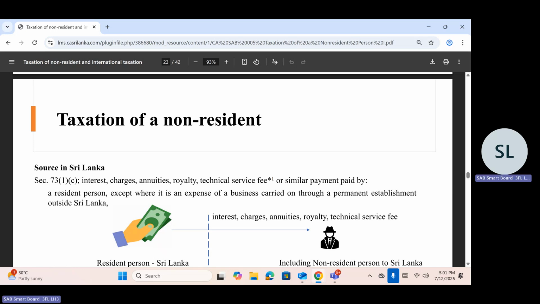That's the meaning. If a person is resident in Sri Lanka and makes that payment, it shall be considered as a source in Sri Lanka. But if that payment is an expense of a business carried out by any person, and that business, the permanent establishment, is outside Sri Lanka, it shall not be considered as a source in Sri Lanka. Right?